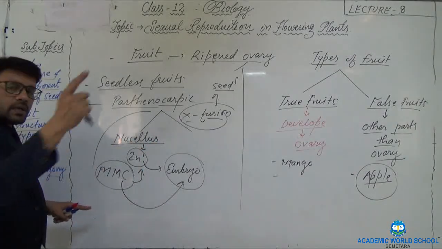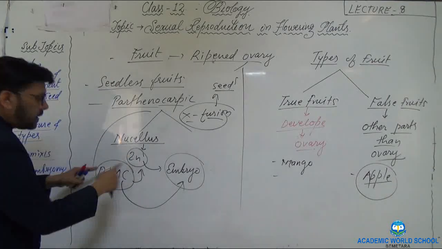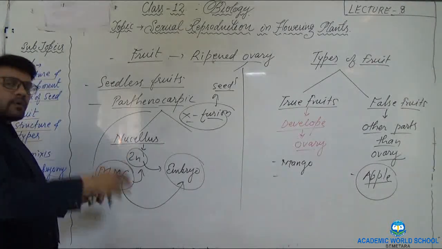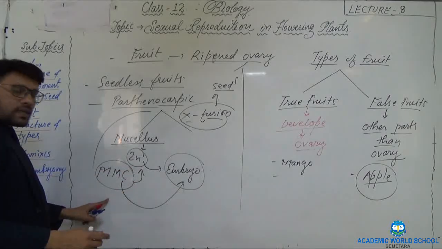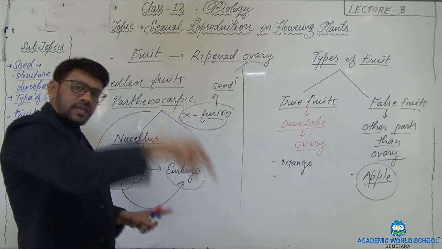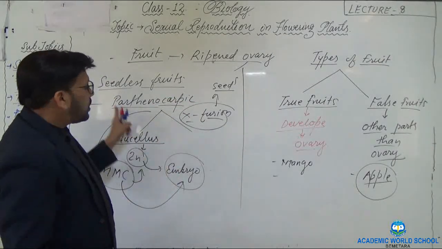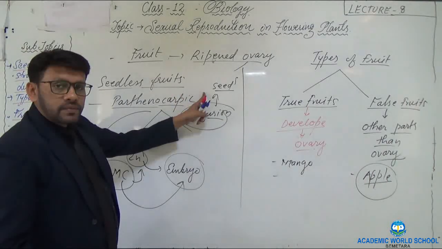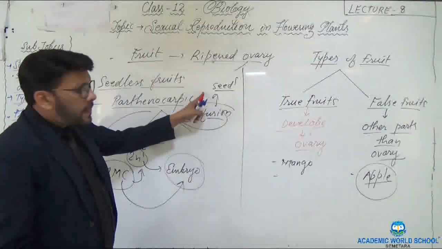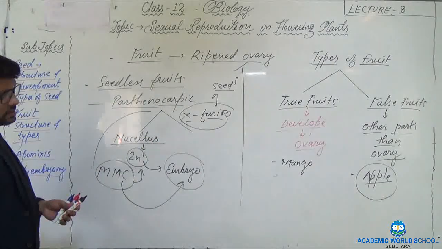Instead of going through meiotic division, it undergoes mitotic division and keeps on developing. So the same cells directly form the embryo, but they are not with the seeds. Got that? So these are the different types of seeds.